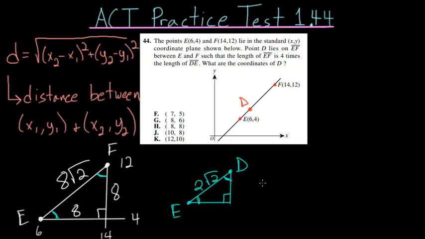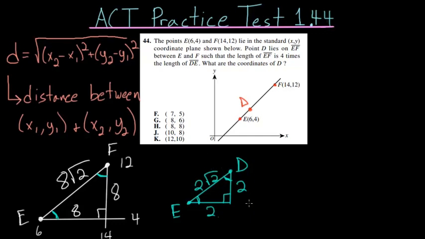So again, in this case with ED, we have a 45-45-90 triangle, or a right isosceles triangle. And with that being the case, if we know the hypotenuse, we can immediately figure out the legs. Since this is 2 times the square root of 2, each of these, since they're the same length, would have to be 2. And again, you can check this with the Pythagorean theorem, but it is indeed true.